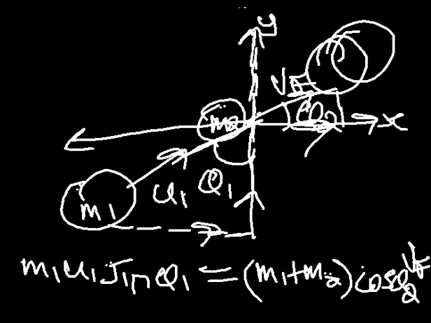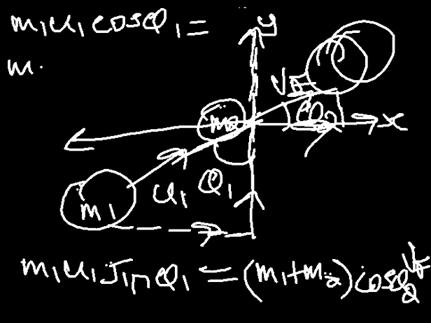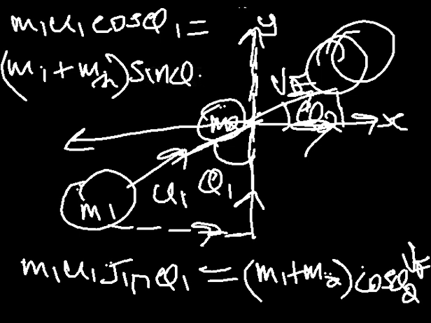And how about the momentum along the y-axis? We also have it in the same way, because object 1 is the only one which is moving. So we have m1 u1 times cos theta 1, which is equal to m1 plus m2 times sine theta 2 times vf.